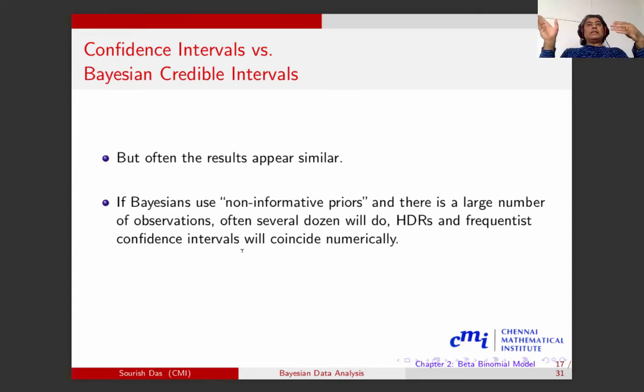The Bayesian credible interval will give you a very direct interpretation as a probabilistic statement, whereas in the frequentist method, the interpretation of the confidence interval is very implicit, not a direct statement. So that is a major difference between the Bayesian credible interval and the frequentist confidence interval.